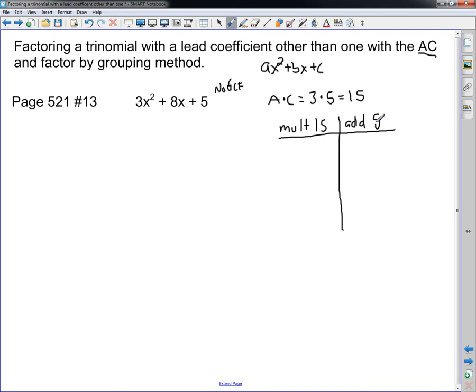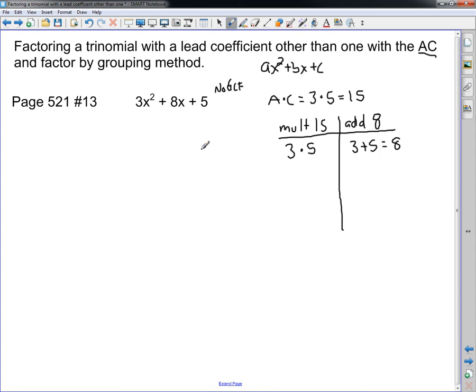So you can see how some of the steps are the same. Notice how I didn't rewrite it as the 15 and back though. So let me go ahead and check for our combinations. We know that 3 times 5 gives me 15 and 3 plus 5 gives me 8. We've already checked that, so I'm going to jump to that step.